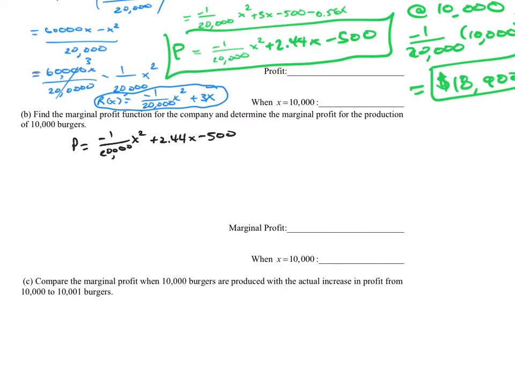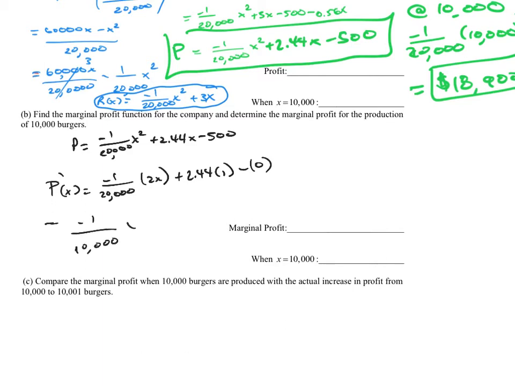If I want to find the derivative of that, the marginal profit function, that'd be the constant, which is negative 1 over 20,000, times the derivative of X squared, which is 2X, plus 2.44 times the derivative of X, which is 1, minus the derivative of 500, a constant, which is 0. What am I getting here? I'm getting negative 1 over 10,000 X plus 2.44. That is my marginal profit function.